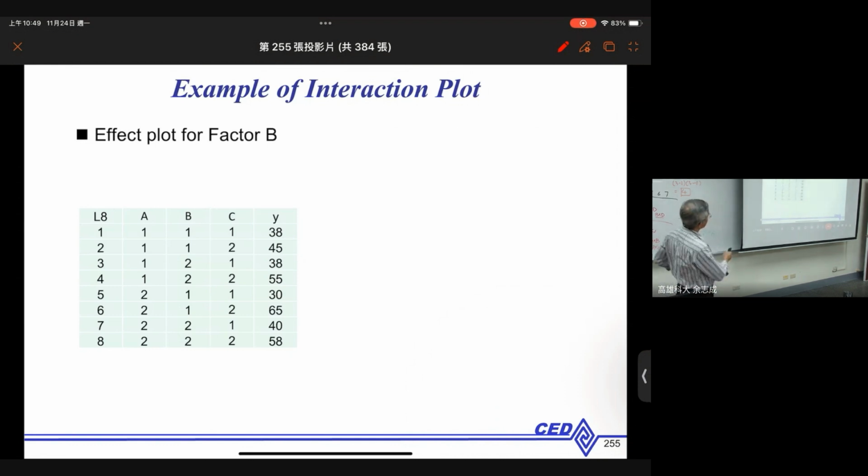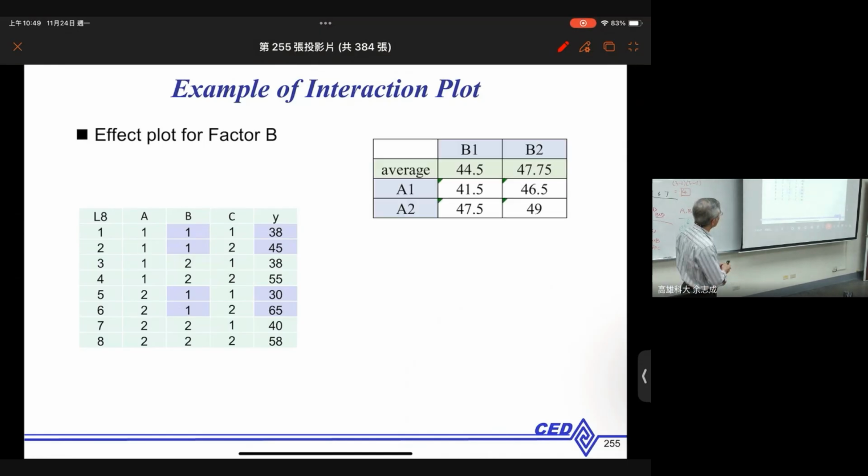So this is the PPT that is showing the process to draw the interaction plot. So here we can come up with this analysis of mean for this interaction A and B. And here, say A1, B1 will be the average of these two experiments, A1, B1.